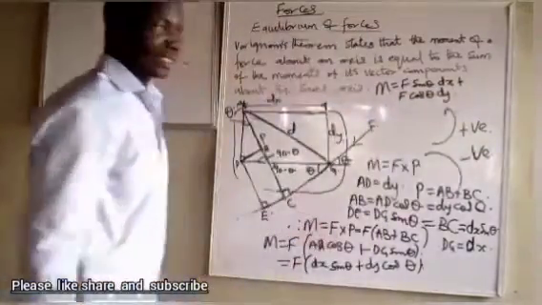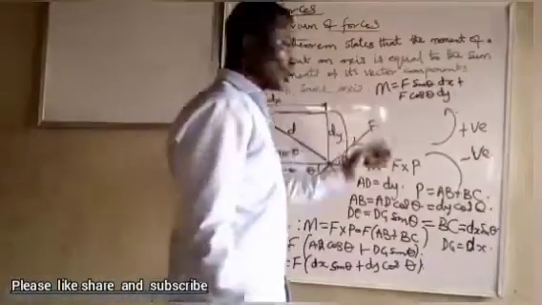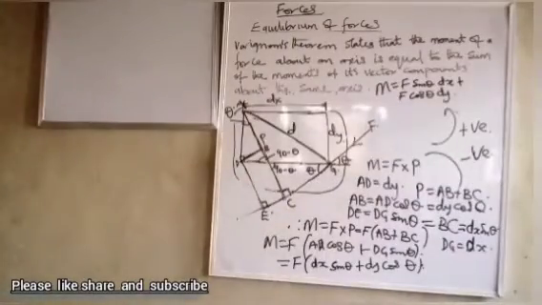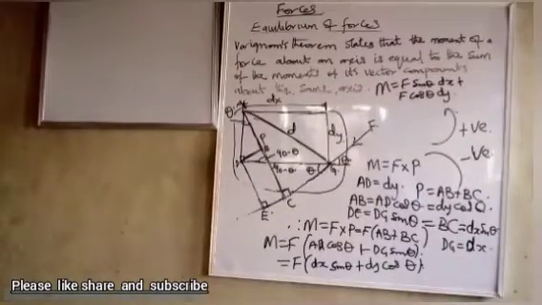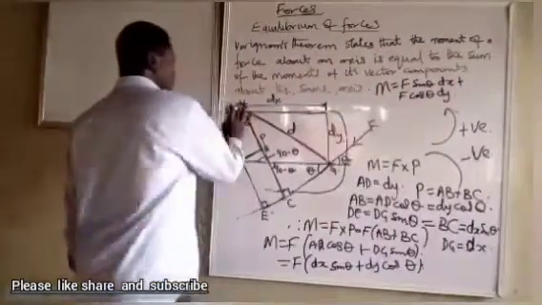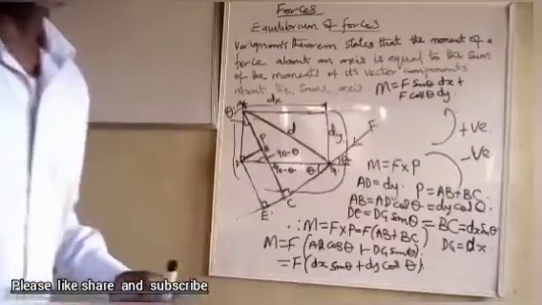So you can see, which means that if you break F into its components, the sum of the moments of its components about this place is going to give us the moment of F about A. It's very simple.